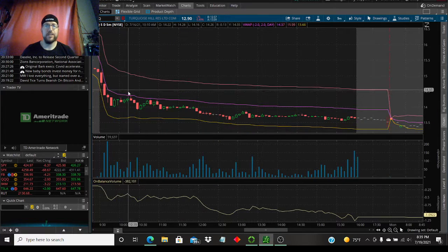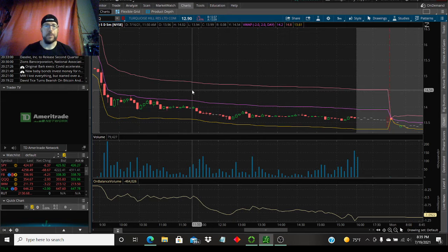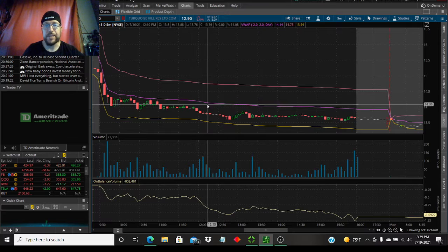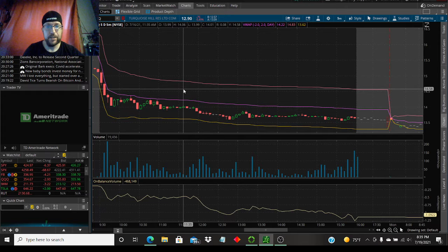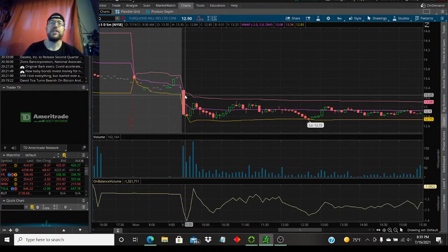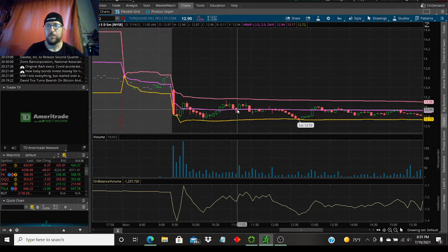If you look at this, it's steadily going down. You can just tell by looking at this line, comparing it to the middle pink line. It's steadily going down. But if you look at the trade that I got in today on the short side, it's pretty much flatlined. So that's telling me that I probably shouldn't short it.